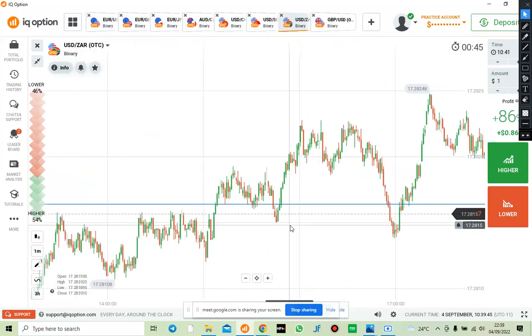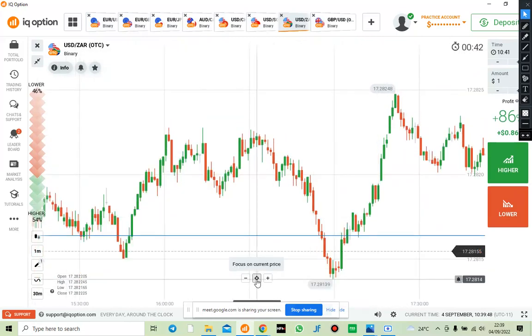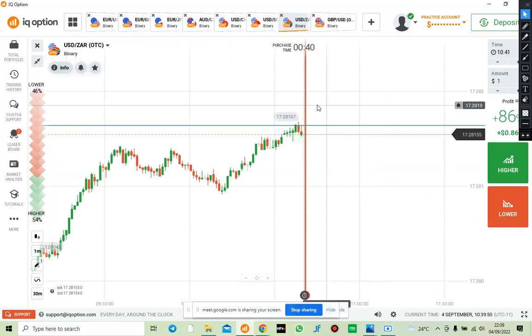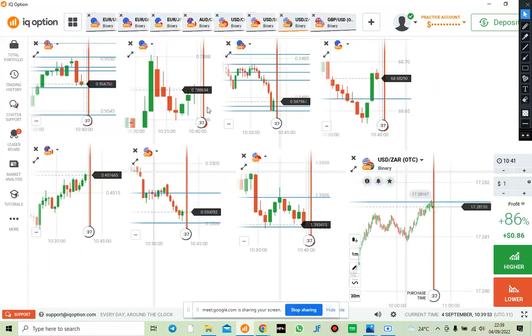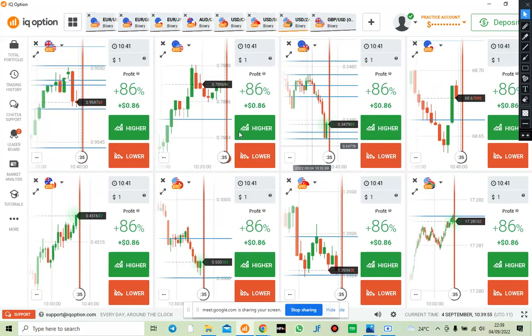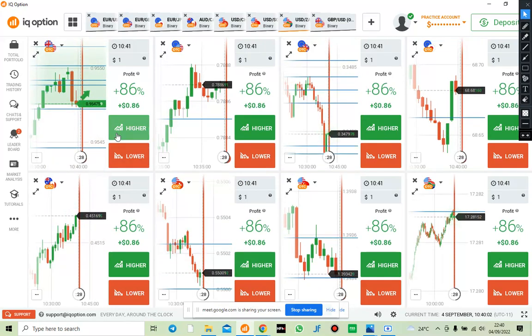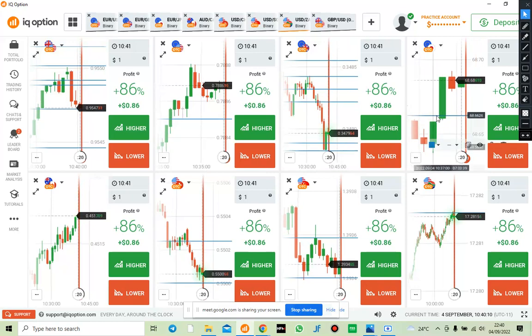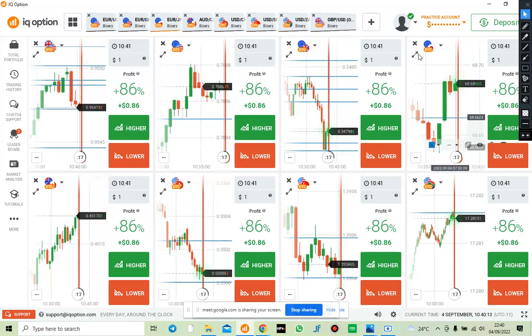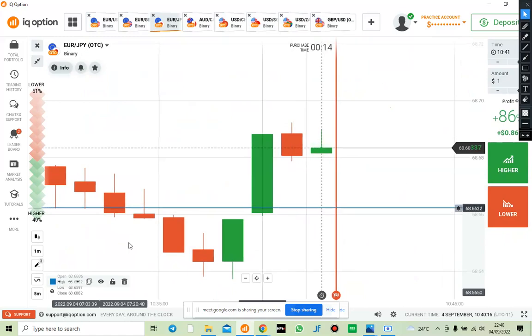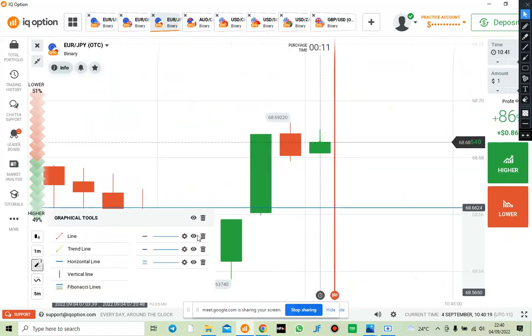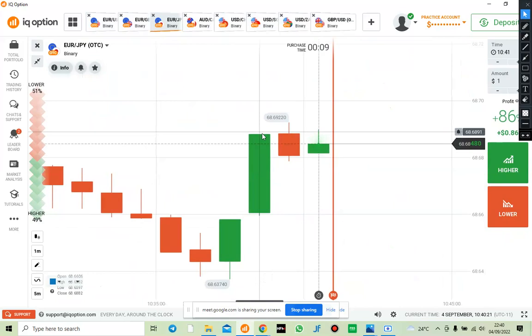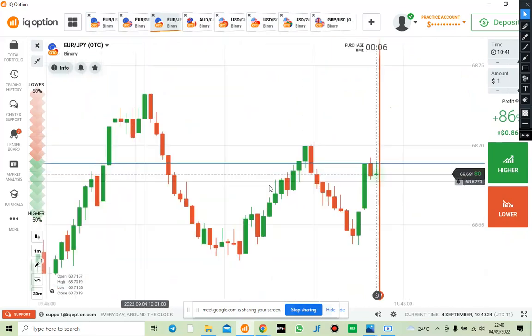Okay, we have multiple reversals here. The market doesn't want to form that pattern. If the market reverses here, let's check it out.